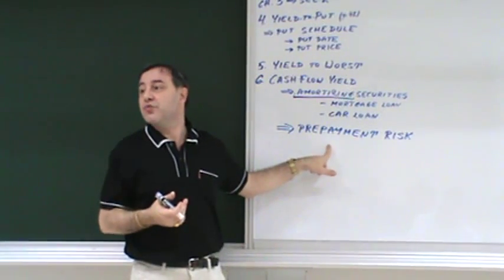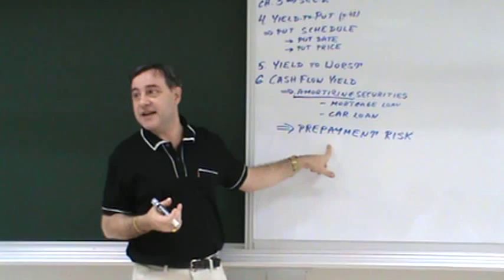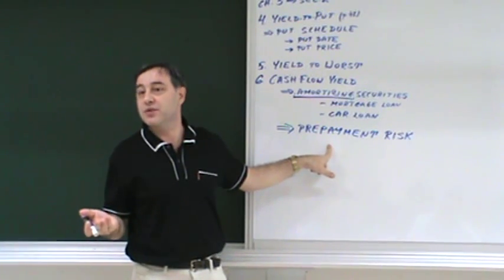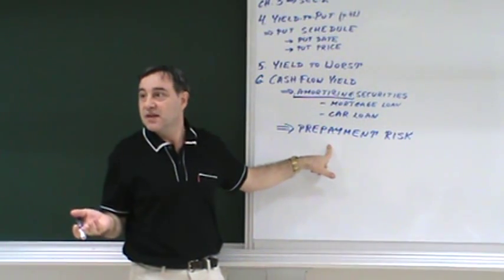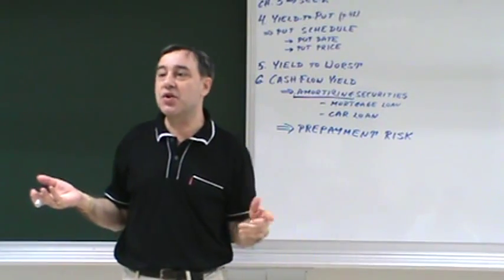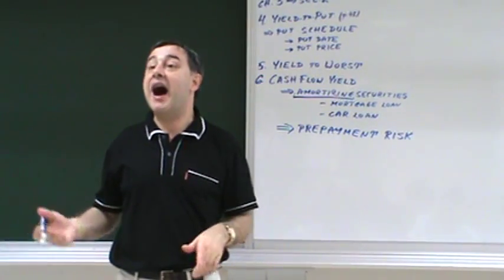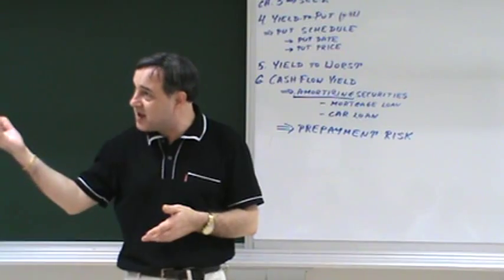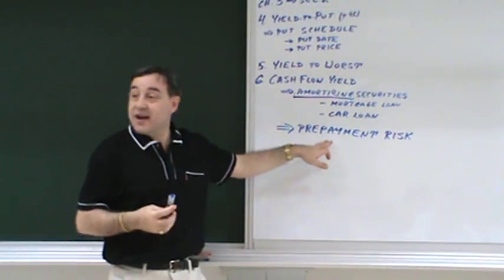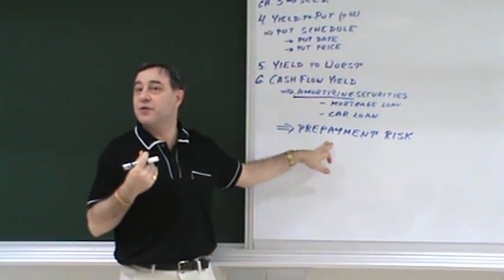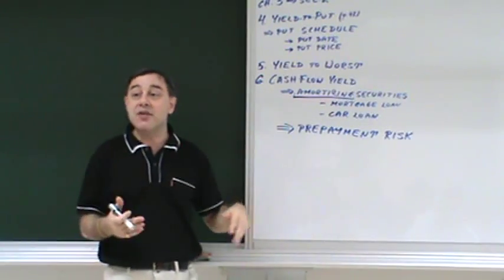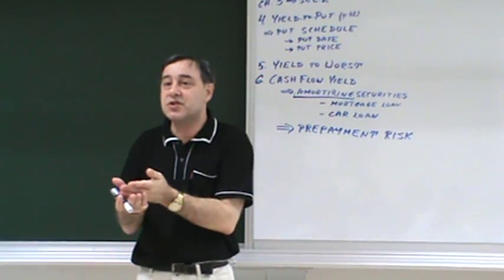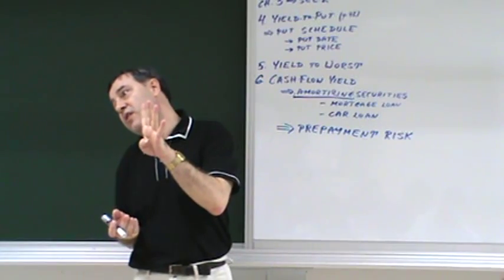They could not reinvest or get anything like 7 or 8% at the end of 2000. They could barely get 3 or 4%. So I prepaid, I wasn't paying the big interest rate anymore, and they were getting 8% from me, but now they could reinvest at most at 4.